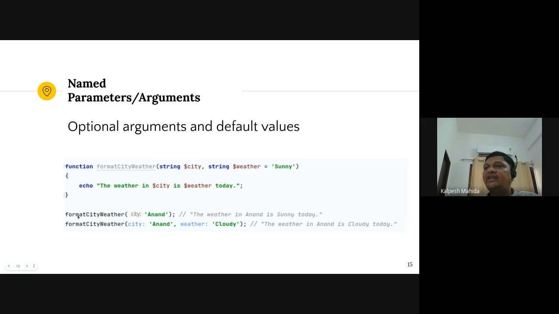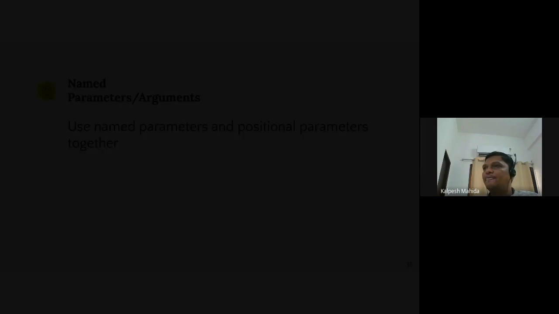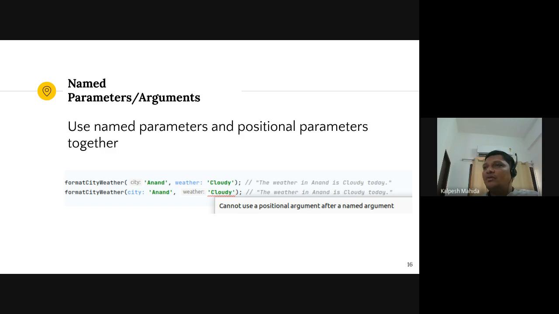So I can omit specifying the weather in my call. I can also call the method specifying both arguments, and it will give me the response: the weather in Anand is sunny today. I would say hot today, because we are having very acute temperatures nowadays in India.